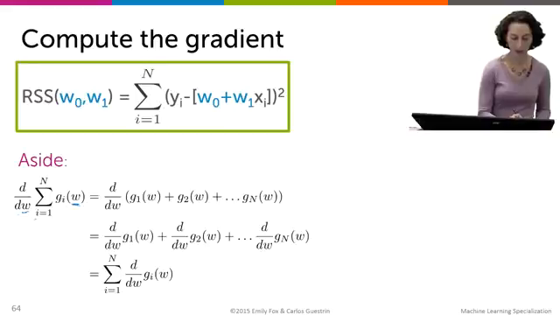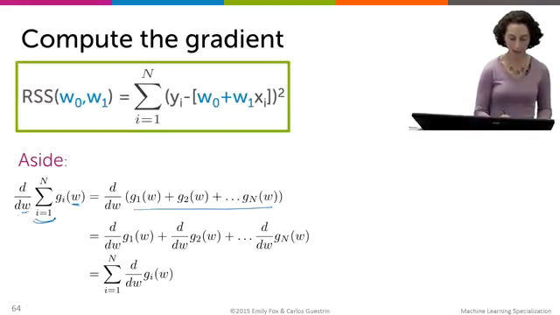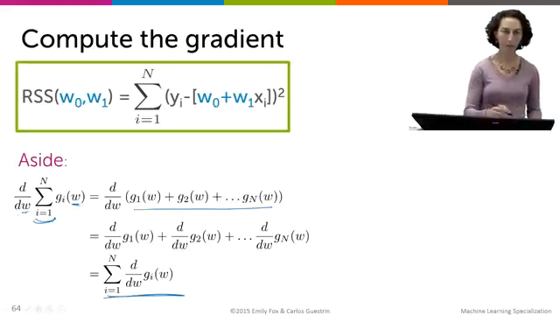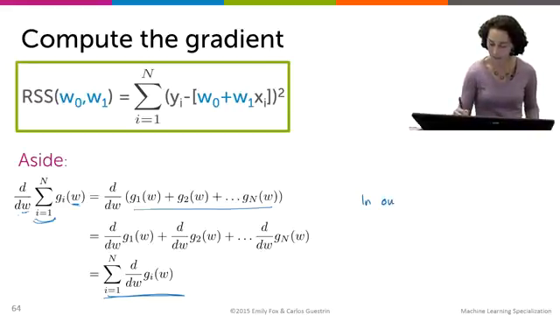This sigma notation is just shorthand for this full sum over the n terms, n different functions, g1 to gn. The derivative distributes across the sum, and we can rewrite this as the sum of the derivatives. So the derivative of the sum of functions is the same as the sum of the derivatives of the individual functions.